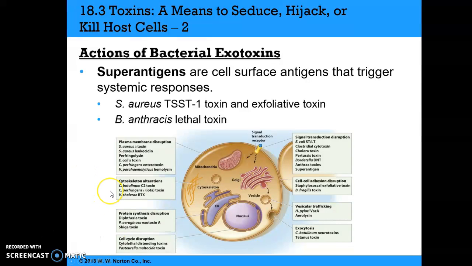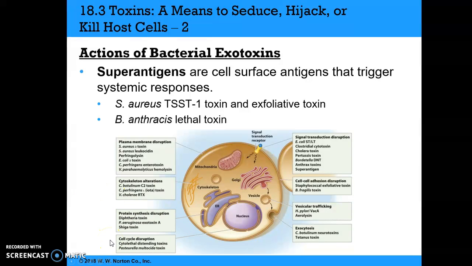There's also a group that affect the cytoskeleton, like the C. botulinum C2 toxin, C. perfringens iota toxin, and Vibrio cholerae RTX. Another target, protein synthesis disruption: the diphtheria toxin, Pseudomonas aeruginosa exotoxin A, and the Shiga toxin.